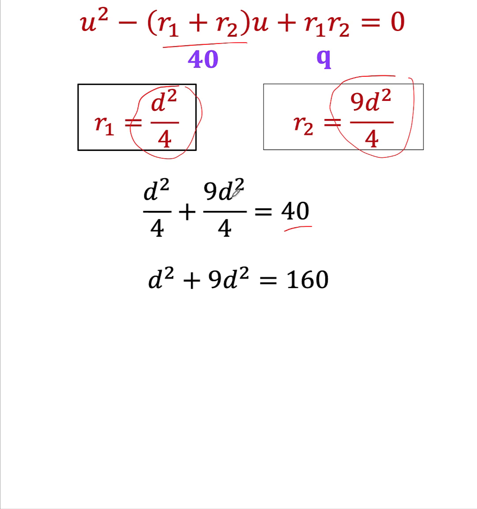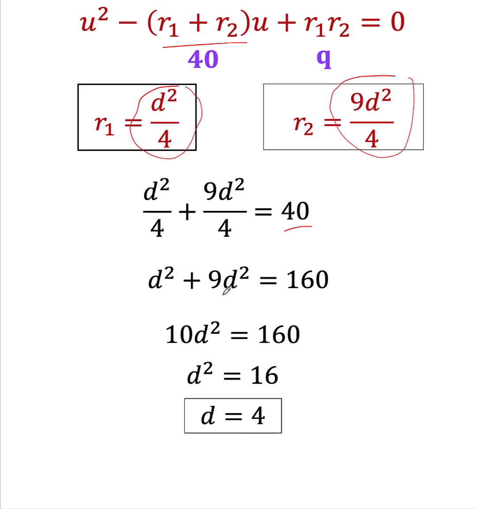So we have d squared plus 9d squared equals 4 times 40 equals 160. 1d squared plus 9d squared is 10d squared. Divide both sides by 10 and get the square root of both sides. We have d is plus or minus 4. But since we arranged our terms from the least to the highest, this constant difference must be positive. So we take d equals positive 4.